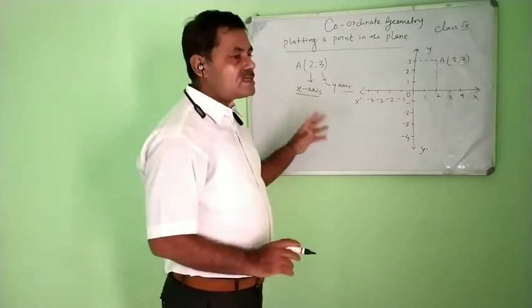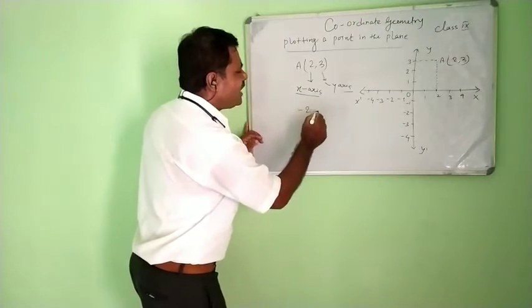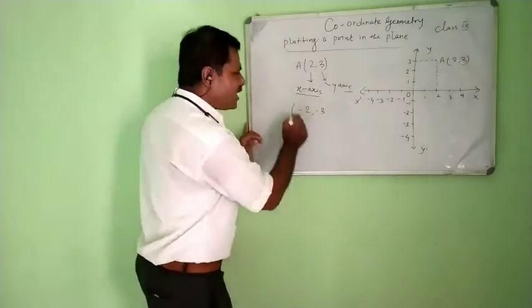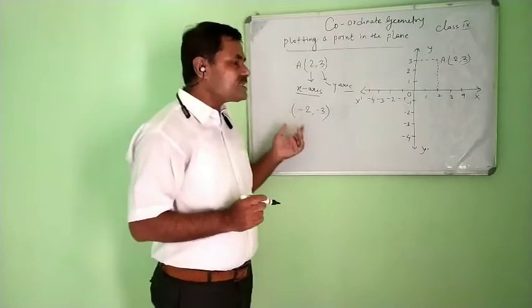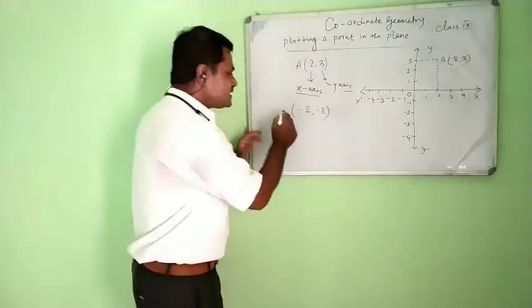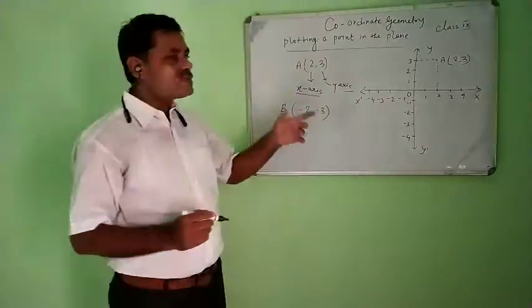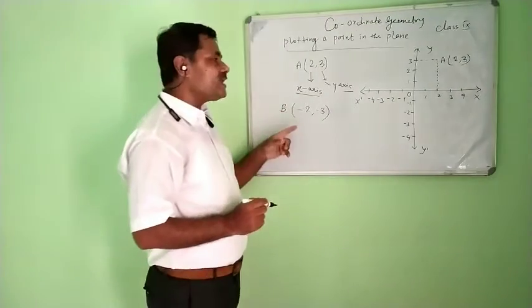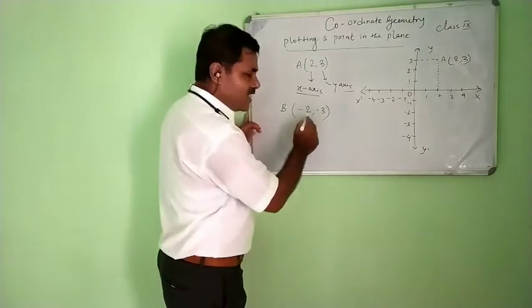Is it clear? Suppose you are given (-2, -3); where is it to be plotted? See, first your concept should be clear. Suppose this is a point B. In which quadrant is it lying? It is lying in the third quadrant. So first we search on the x-axis.